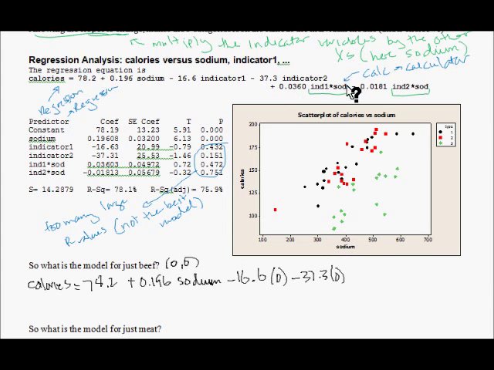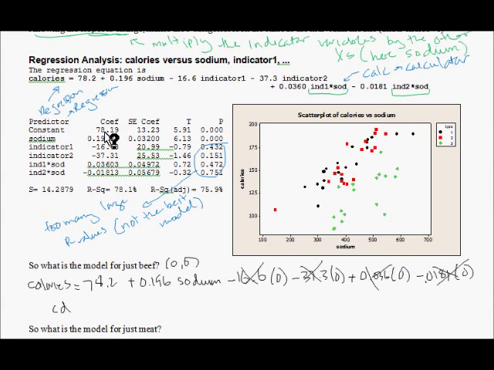And with the other two interaction terms, since it's 0 times sodium, it's going to be 0 still. So it's 0.036 times 0 and minus 0.181 times 0. So those all disappear.